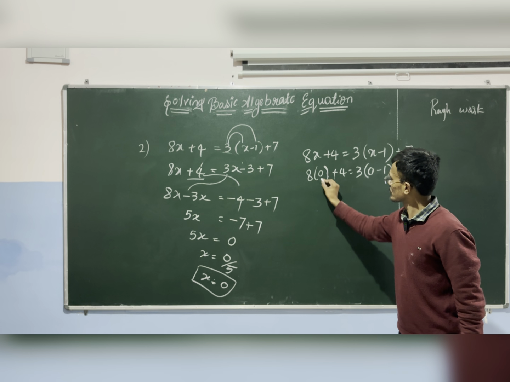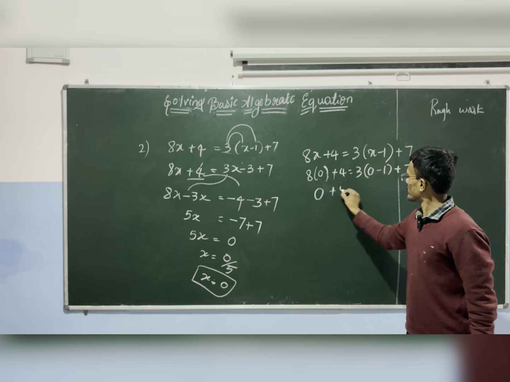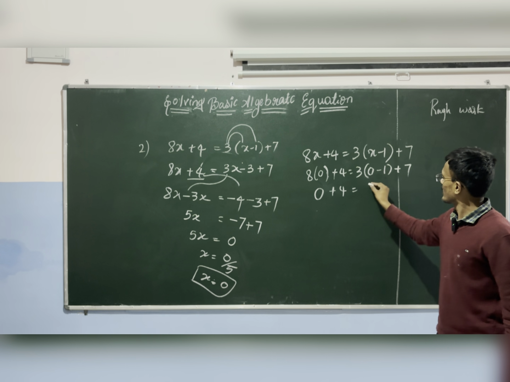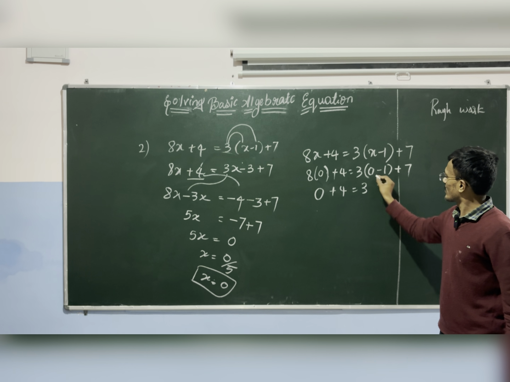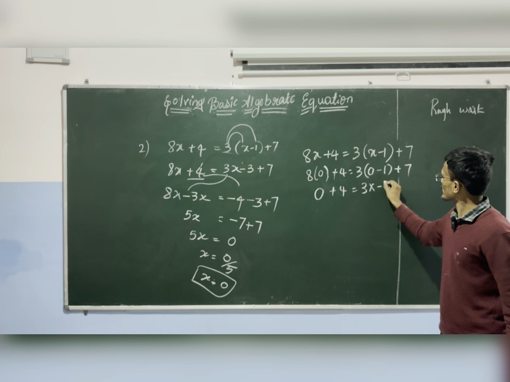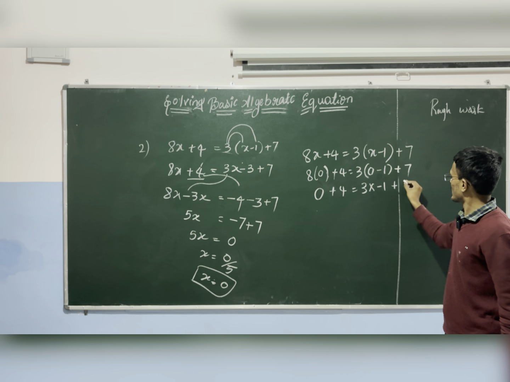So now we need to substitute 0 into x. So 8 into 0 is 0 and plus 4. Here 3 into 0 minus 1 plus 7.